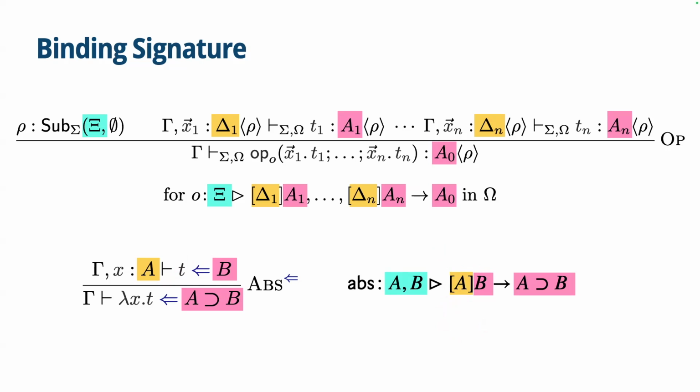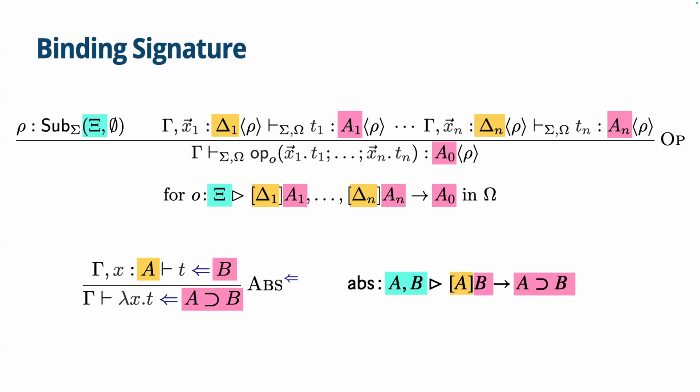The angle brackets are the action of substitution, and rho is a substitution which assigns actual types to the schematic variables.